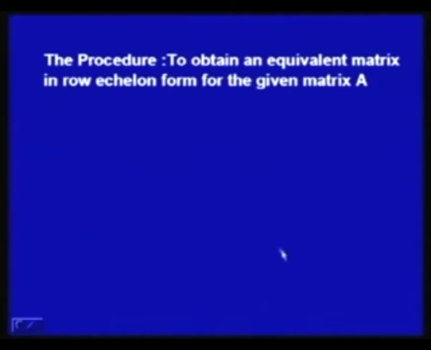Now, we will describe a procedure to obtain an equivalent matrix in row echelon form for the given matrix. This particular form is very suitable for solving systems of equations. So, first we will describe a procedure through which we can reduce a given matrix to row echelon form, and then we will see how the solution can be obtained easily.